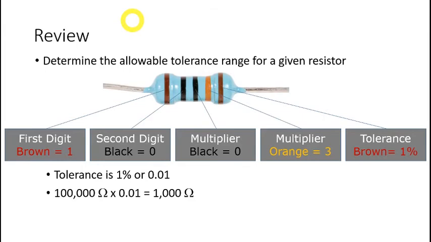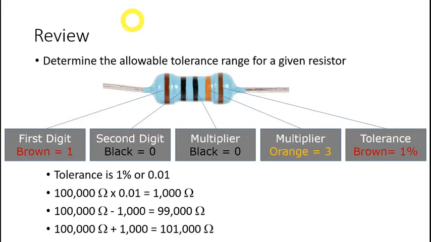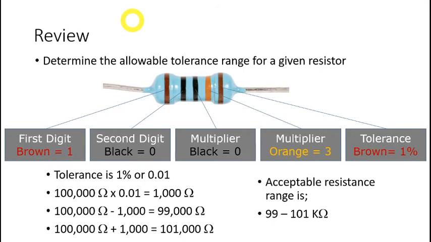That's going to give me a value of 1,000 or 1k. So if I take my 100,000, subtract my 1,000, I'm going to get 99,000 ohms. And if I add it back in, I'm going to get 101,000 ohms. So my acceptable range here is 99 to 101 k ohms.